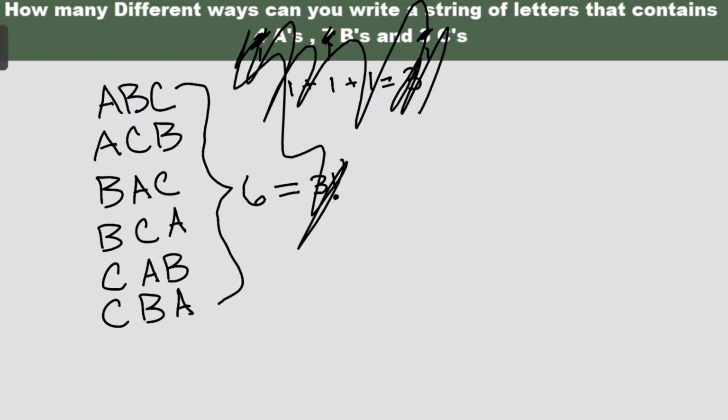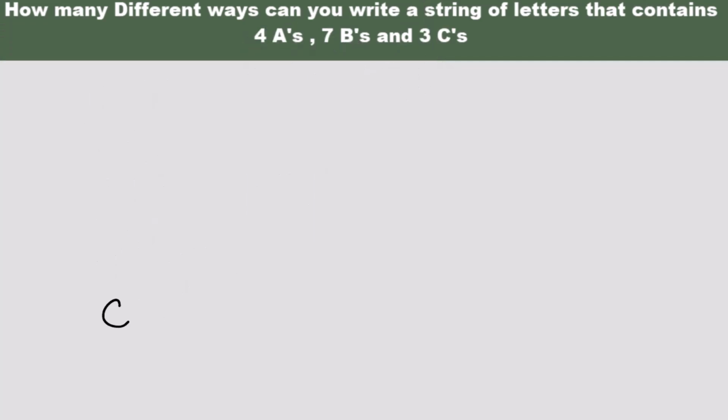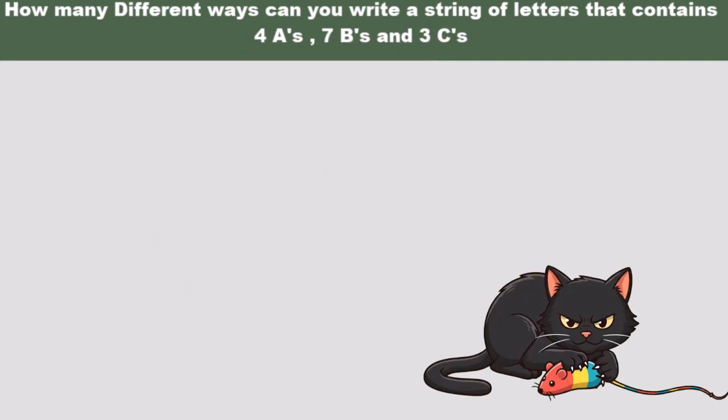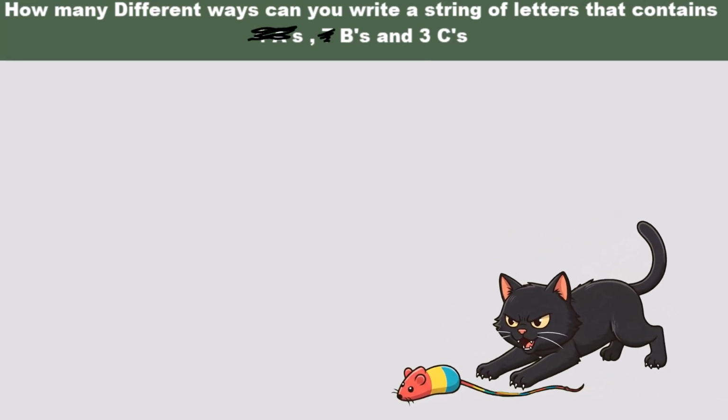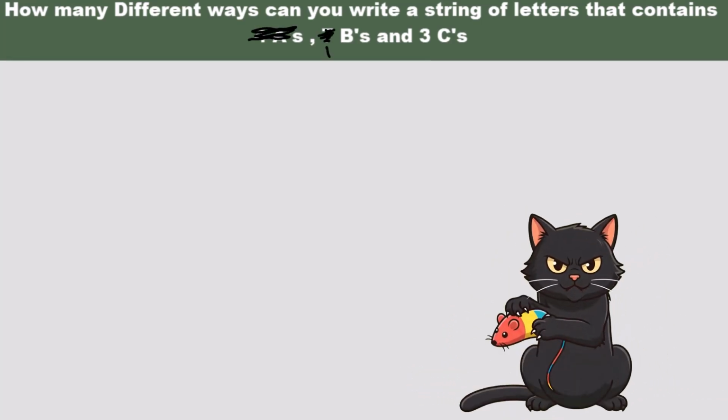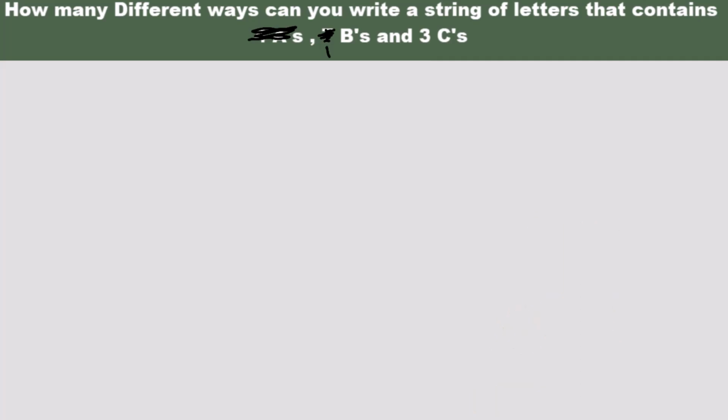Now let's see if we do a couple of the extra letters. In this case, let's get rid of all the A's. We won't need them for this one. We'll get rid of all but 1B, and we'll leave our 3 C's. In this scenario, can we once again write out all our possible combinations? If you said yes, of course we can. It's not going to take too long.